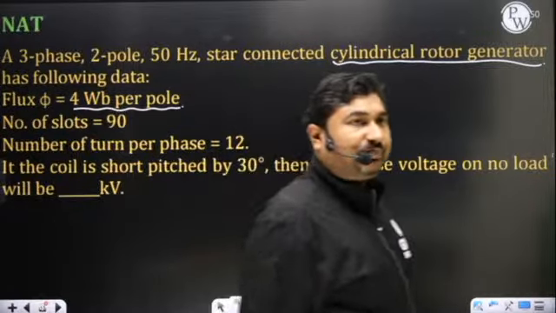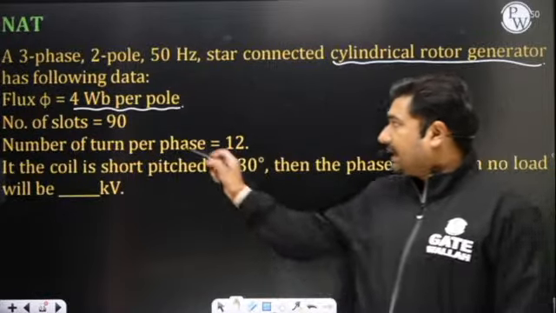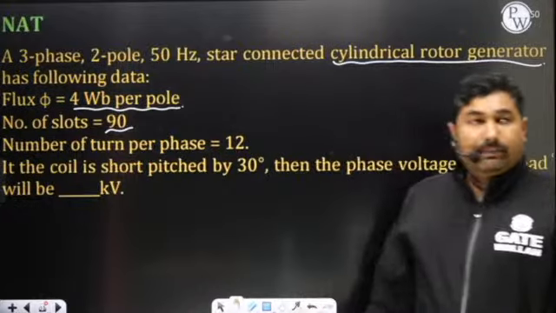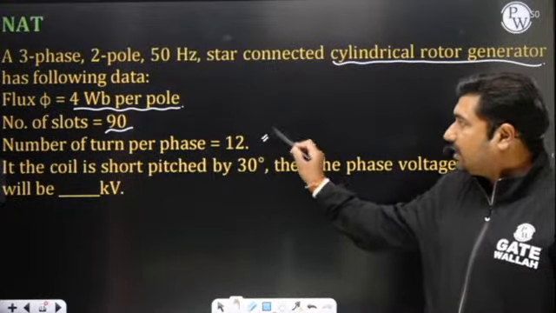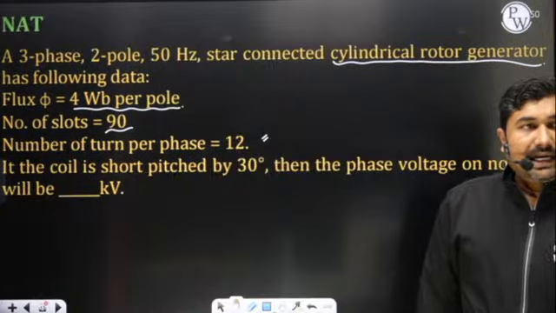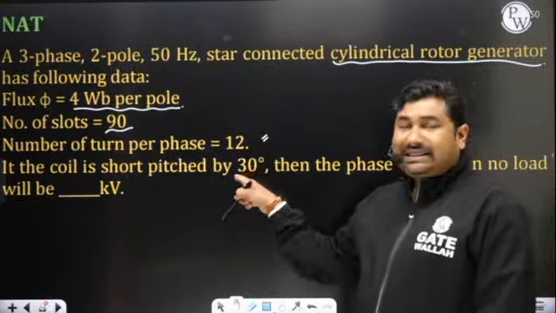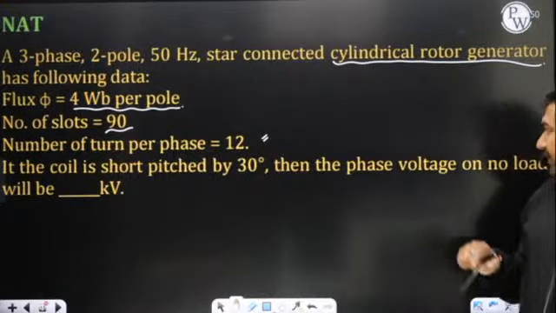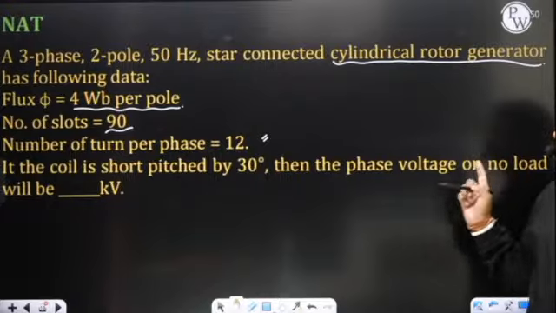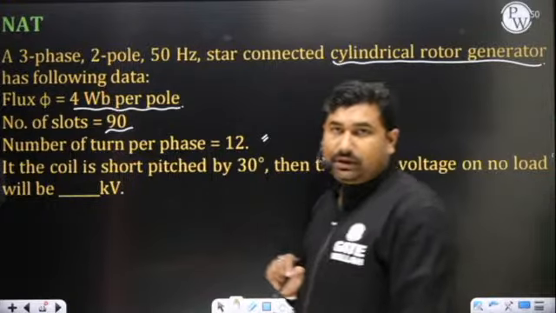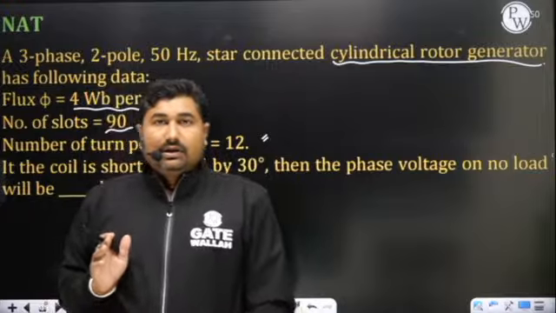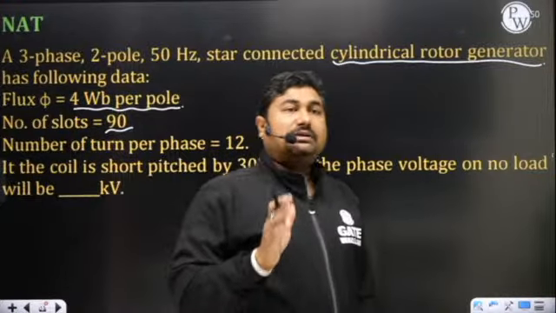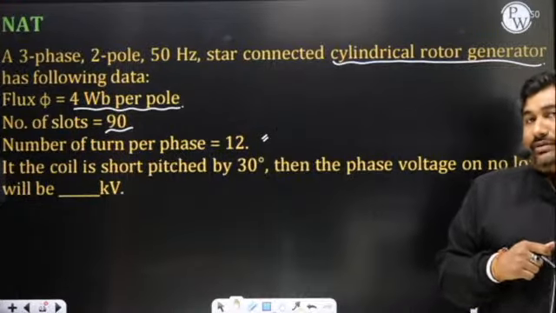Number of slots 90 and number of turns per phase is 12. If the coil is short pitched by 30 degree, then the phase voltage on no load will be. So they are asking about the phase voltage in this question.